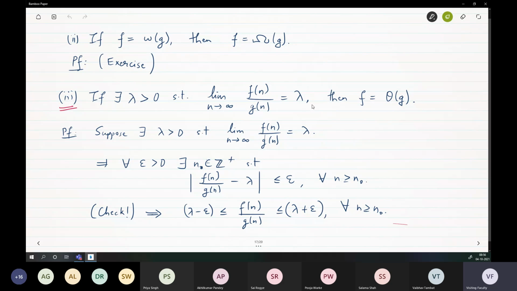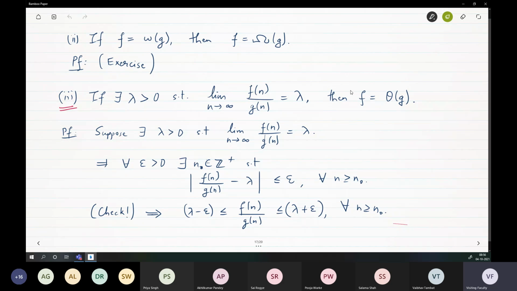But there is a problem. If the limit is infinity or 0, it's not possible. It's only possible in the case of lambda, a positive number. So if f is theta of g, and this limit does not go to a positive number, it means the limit does not exist. So that is what I want you to think about.